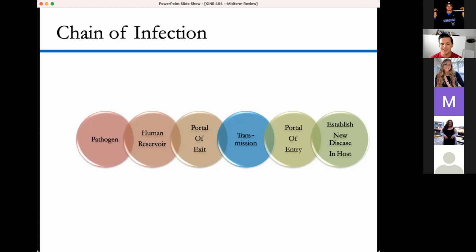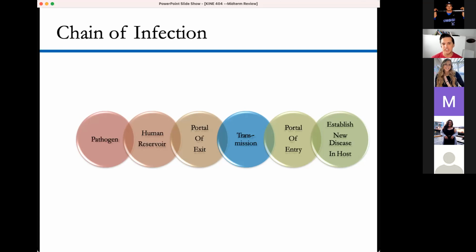So that is breathing, sneezing, blowing our nose, defecating. So some way for that pathogen to exit the human reservoir and then transmit to another human reservoir that has a portal of entry, which again is typically mucosal membranes, mouth, nose, eyes. Could be genital region, it could be a cut in the skin or something else.